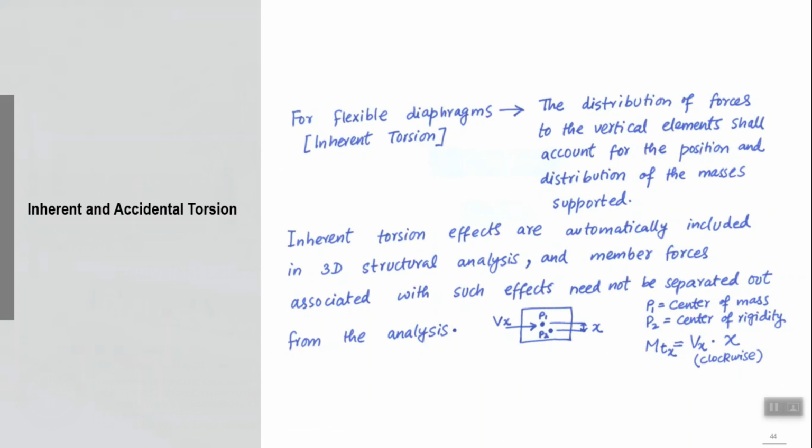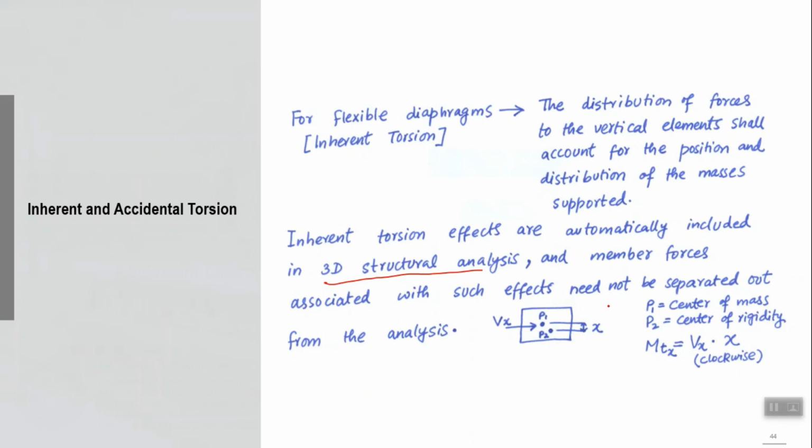So, the summary is that for inherent torsion you don't need to do anything. The program can automatically handle it for rigid diaphragm as well as for flexible diaphragm. You only need to provide a 3-dimensional model and the program will handle that.